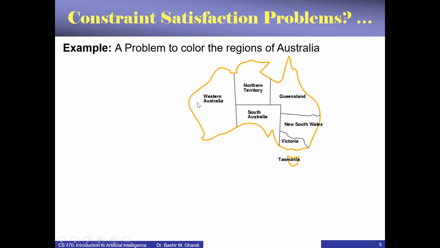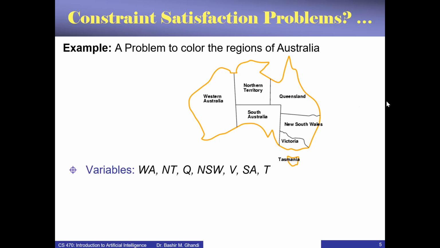We have Western Australia, Northern Territory, Southern Australia, Queensland, New South Wales, Victoria, and Tasmania. The idea is we want to color these regions with different colors, but such that no regions that are adjacent to one another will be colored in the same color.